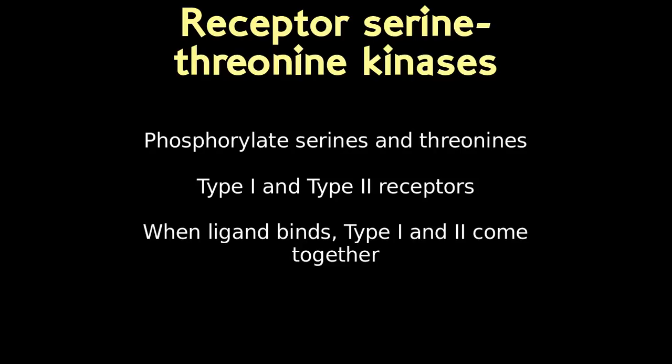So it's similar to the tyrosine receptor kinases, in which we have multiple ones that are going to bind a ligand coming together. In this case, it's slightly different because the type 1 and the type 2 bind one single ligand together, but they come together. And then the type 2 receptor phosphorylates the type 1 receptor.